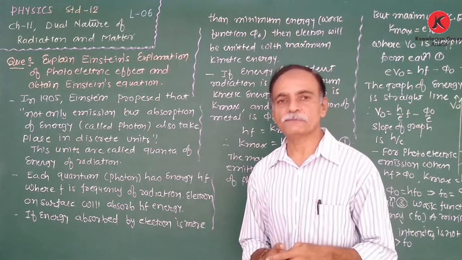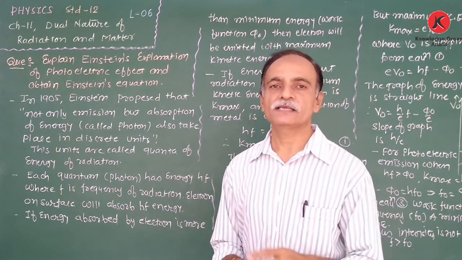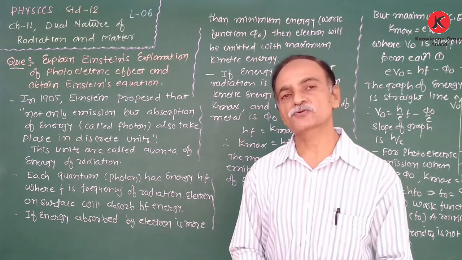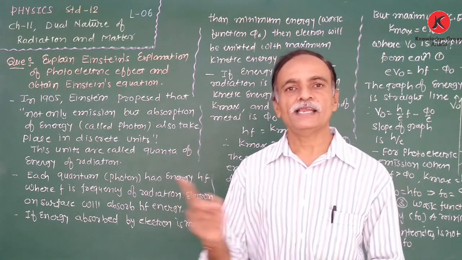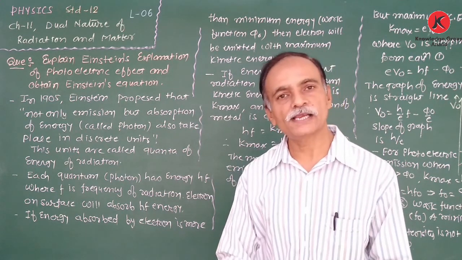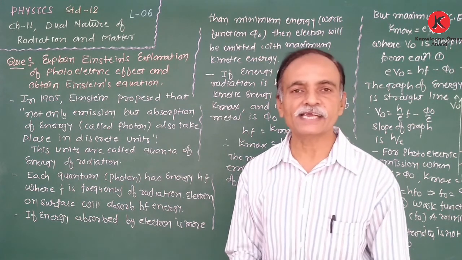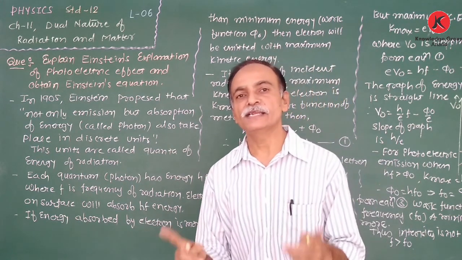In the photoelectric effect, the frequency of the incident radiation must be greater than the threshold frequency. As the intensity of the incident light increases, the photoelectric current also increases. But the kinetic energy of the photoelectrons does not depend on intensity.